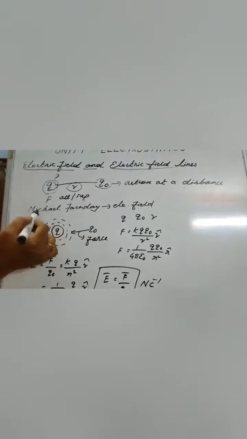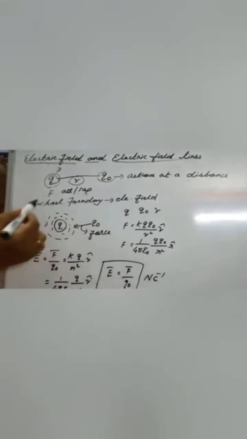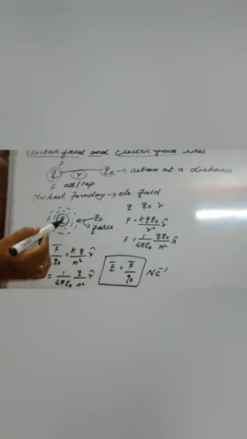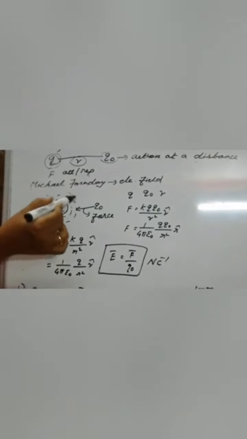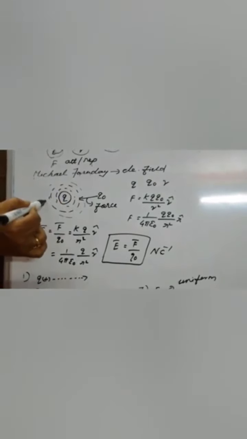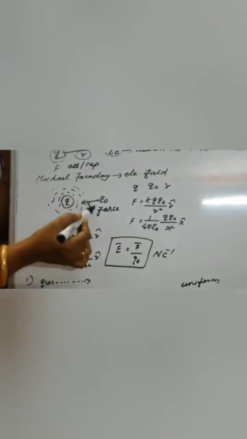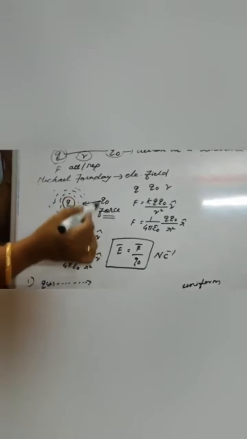Here Michael Faraday introduced the concept of electric field. According to Faraday, every charge in the universe creates an electric field in the surrounding space. If another charge is brought near the first charge, it experiences a force. This is known as electric field.